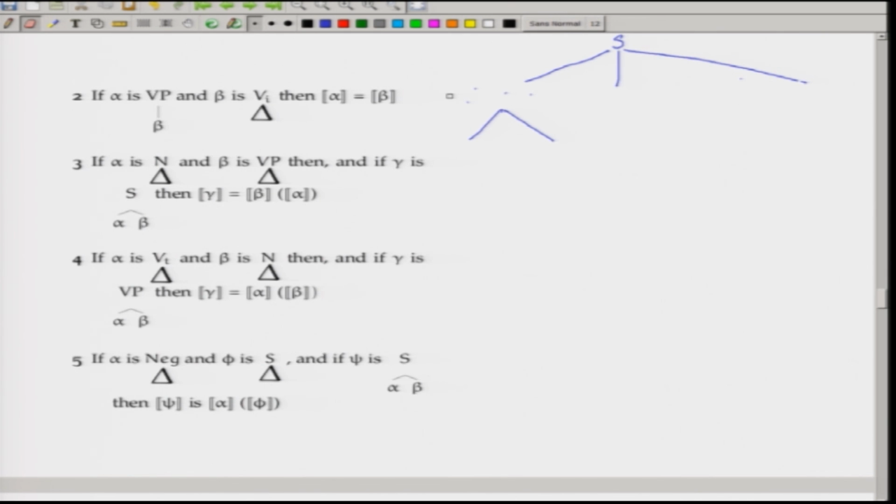One is the conj option. Basically this is S goes to S conj S, and then this S goes to N and VP, VP goes to VI, and VI goes to snows, and N goes to Sadie, and conj goes to or.